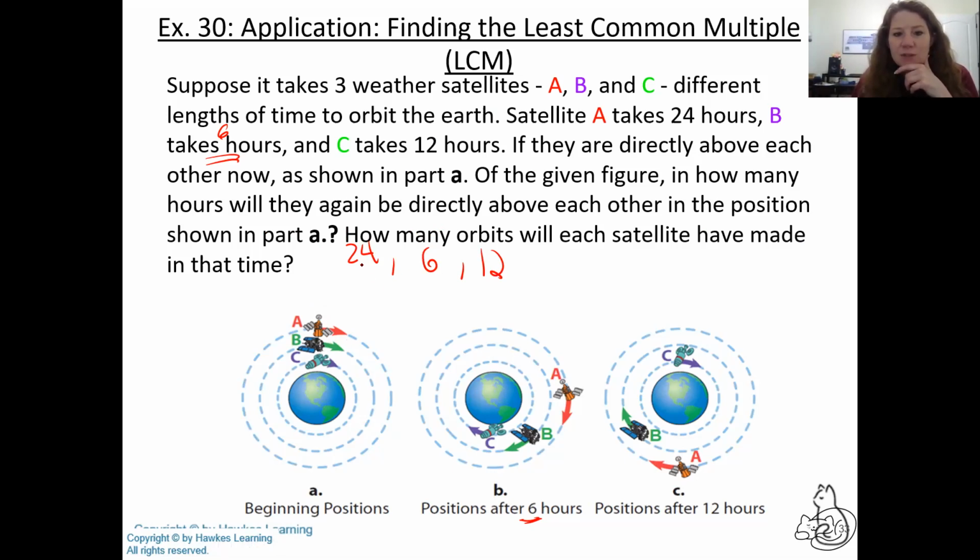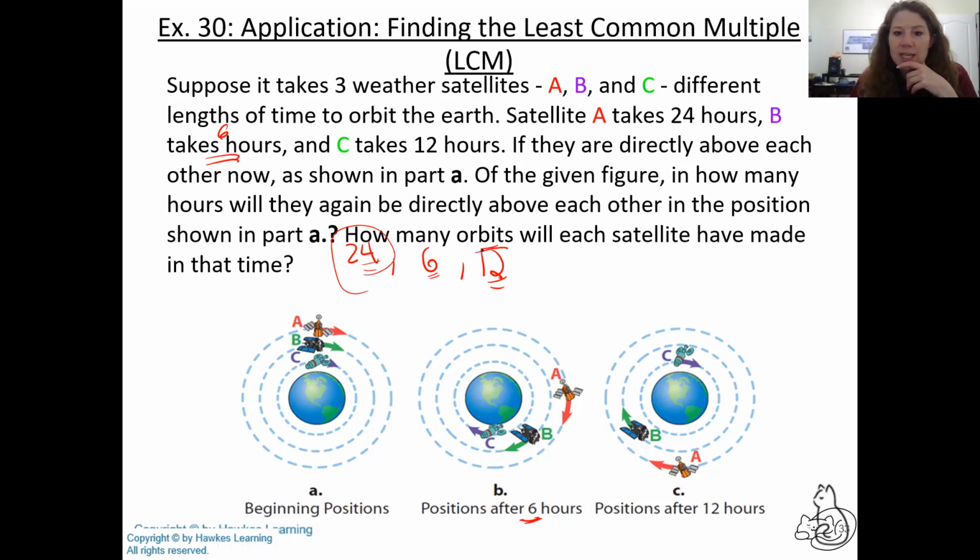I can tell that because 24 goes into 24 once, 6 goes into 24 4 times, and 12 goes into 24 twice, which means A will go around 1 time, B will go around 4 times, and the last one would go around twice. So we could break these down, or when it's easy like this one, because 6 and 12 will both go into 24, the answer is 24.